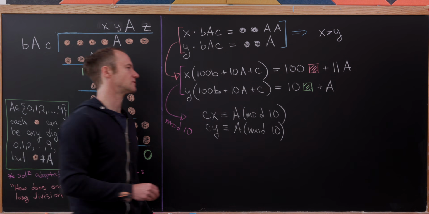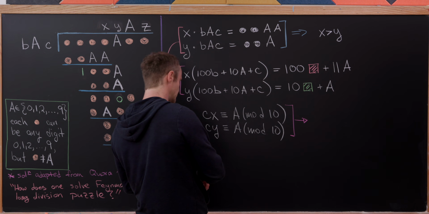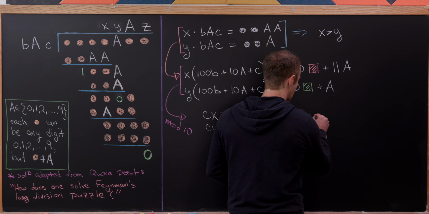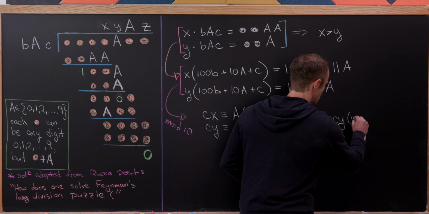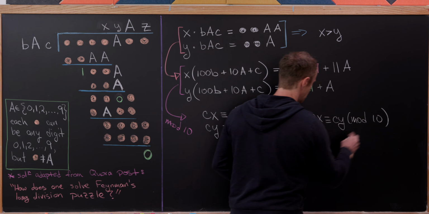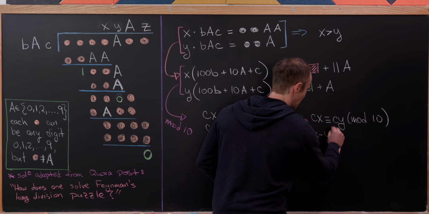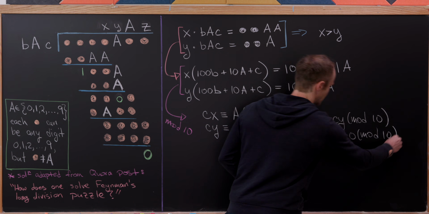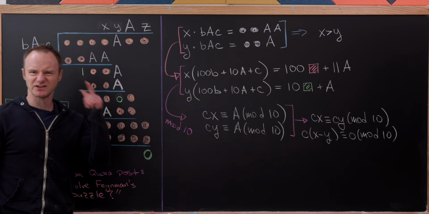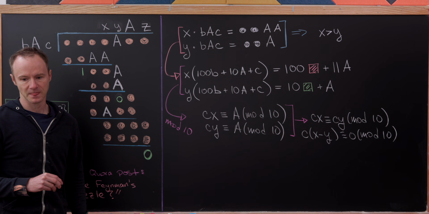That means they're congruent to each other mod 10. So let's put that in there. So this implies that cx is congruent to cy modulo 10. Oh, but that means that c times x minus y is congruent to 0 modulo 10. Just by doing some simple arithmetic operations.